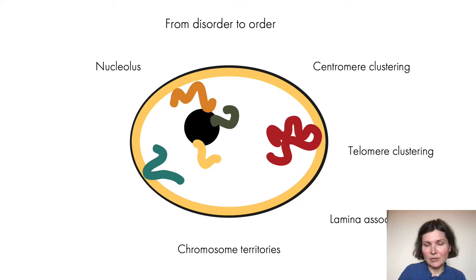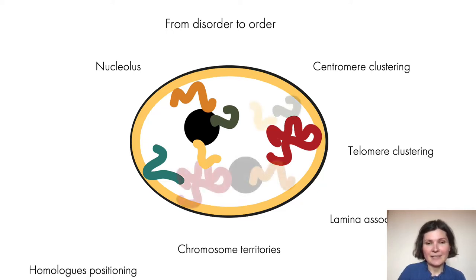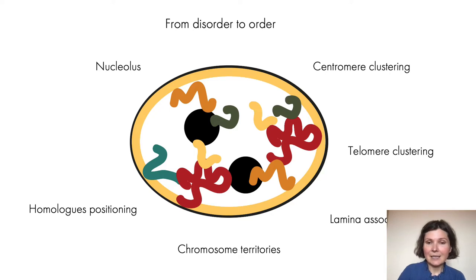Individual chromosomes occupy discrete volumes in the nuclear space called chromosomal territories, and at least in some organisms, chromosomal homologs tend to pair or at least be located at certain reciprocal positions.